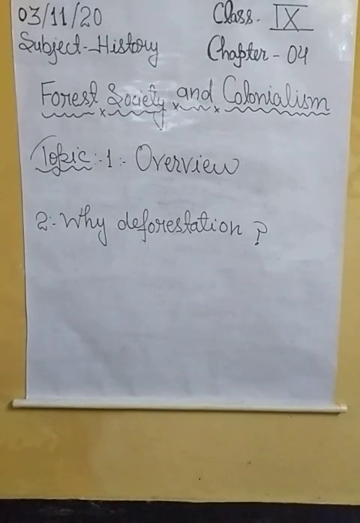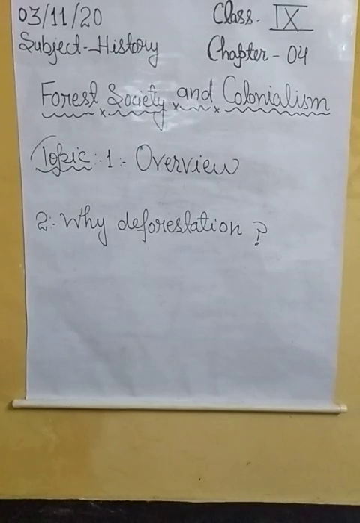So students, on the basis of the above overview, we can understand that the forest and the products coming from the forest, which are known as forest based products, are very important, and we need them every day in our daily life.